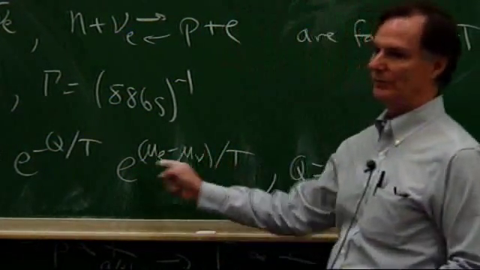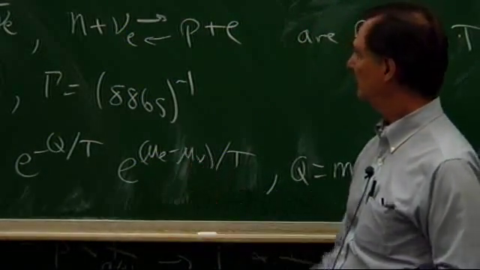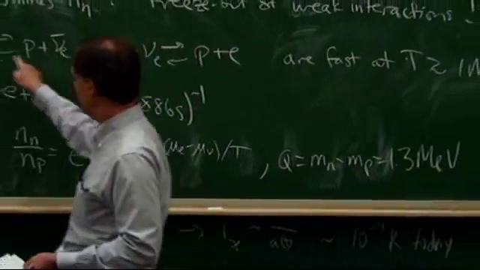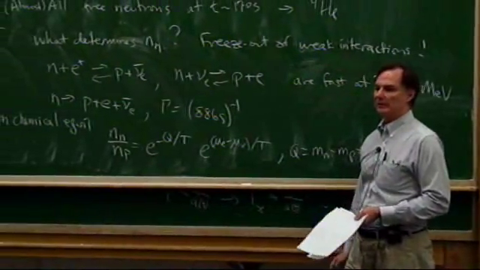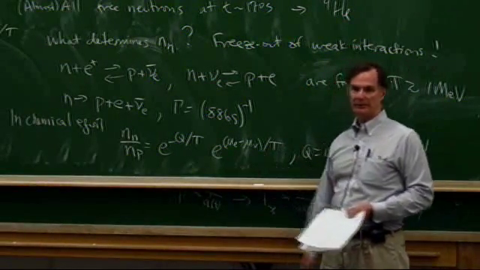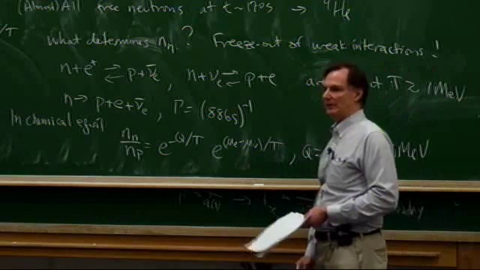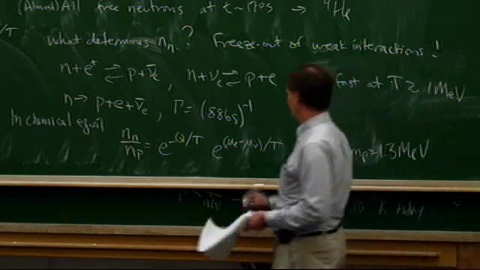And so you can follow all the formulas we've been working with, the difference of chemical potentials of nu e and of e and nu come in. At these temperatures, these chemical potentials are much smaller than the temperatures. The electrons and the neutrinos are not degenerate at an MeV.